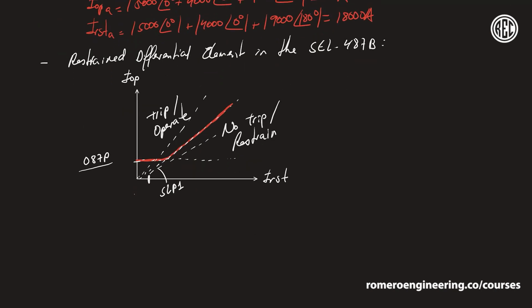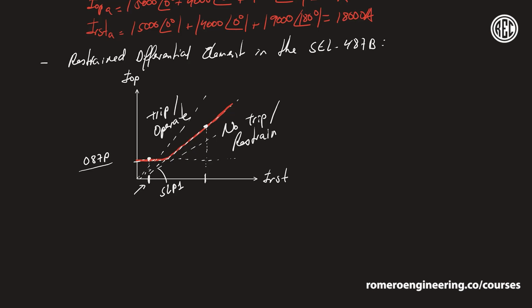So in this point, if your restraining current is over here, then the amount of differential current that you need to trip would be this point over here. Now, if you have more restraining current, so let's say that your restraining current is somewhere around here, now the required amount of differential current to operate is over here. It's much higher. So the higher the restraining current is, the more operating current you have to have in order for the relay to declare a trip.